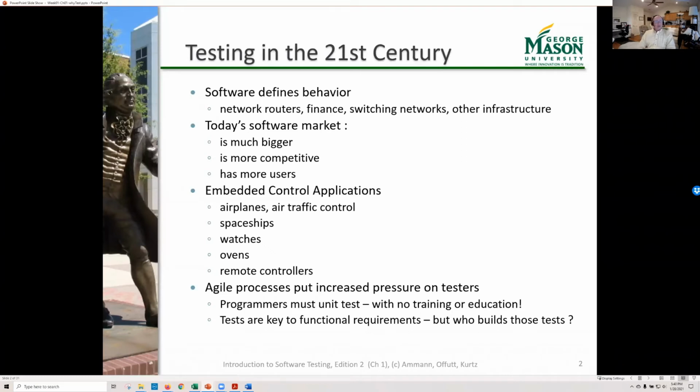Aircraft, air traffic control systems, your Apple Watch has a ridiculous amount of software in it. Ovens, remote controls, the Internet of Things has been putting software everywhere. We're appliance shopping for our new house.